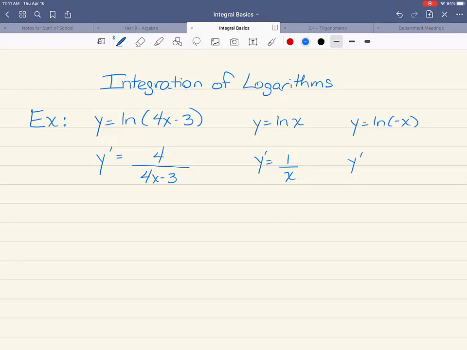Oops, I forgot my derivative sign on the previous problem. If I put the argument on the bottom, negative x, and I put the derivative on the top, which is negative 1, I still get 1 over x. So I have two problems that give me the exact same derivative. I'm going to come back to that in just a minute.